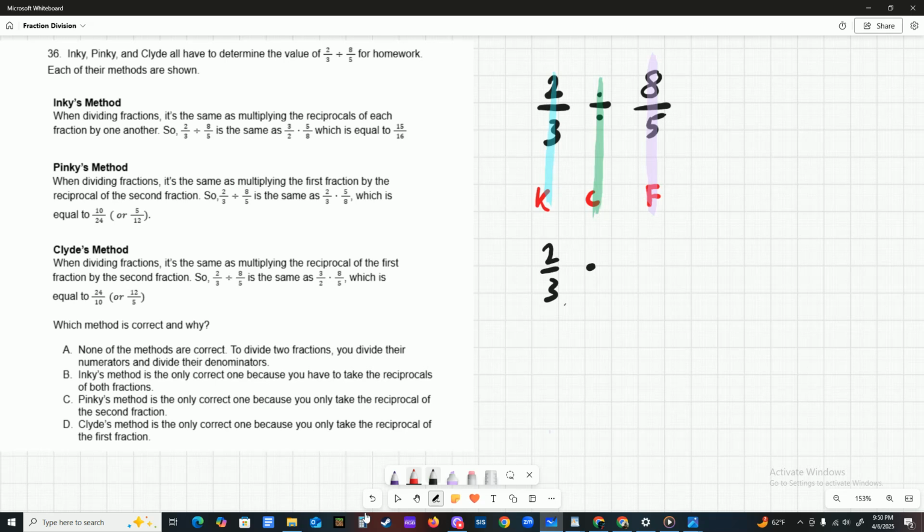So 8/5 becomes 5/8. Okay? Flip. The F stands for flip. But what that means is you take the, and this is a key word right here, reciprocal.